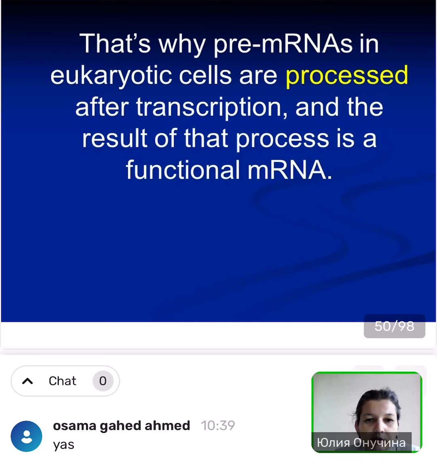So that's why they have introns. Primary mRNA in eukaryotic cells is processed after transcription, and after that it will be functional mRNA.